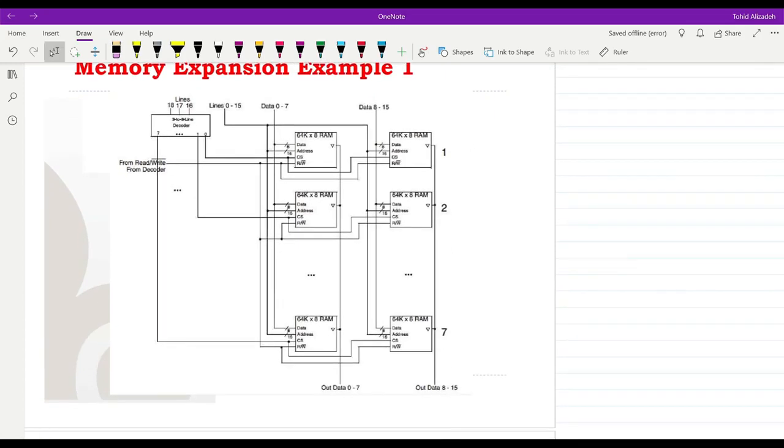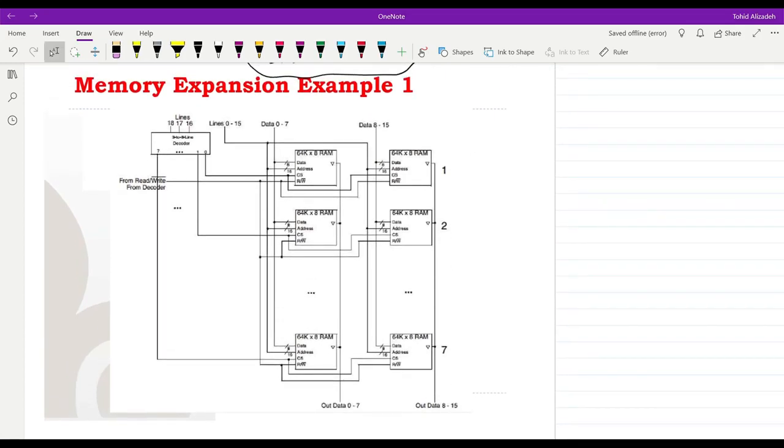And over here you can see it again. This is basically the same solution. You can see the address lines here, 0 to 15, connected to the address input of all the ICs. In terms of the data, we have data lines 0 to 7 and 8 to 15 for each column separated, and also the data out in a similar way.